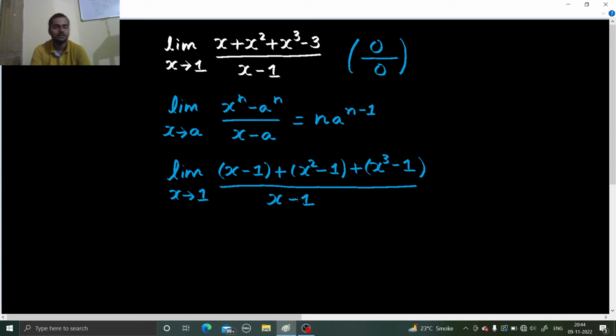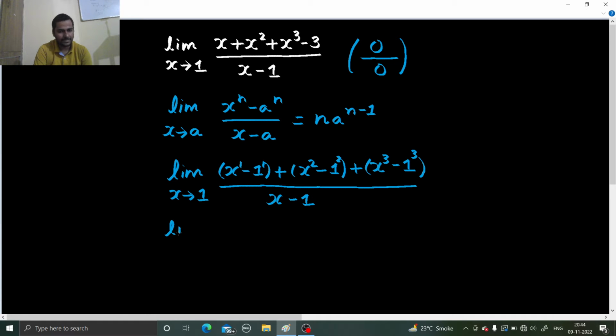Fine. Okay. Now, as you can see, this is x power 1, this is 1 power 1. X power 2, 1 power 2 is same as 1, and x power 3, 1 can also be written as 1 power 3.